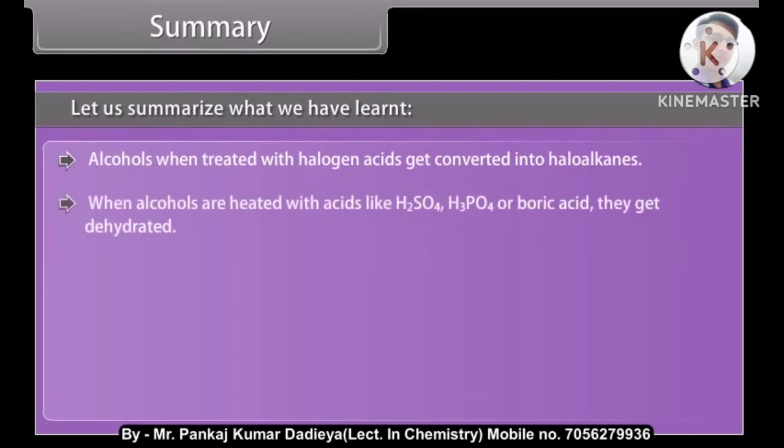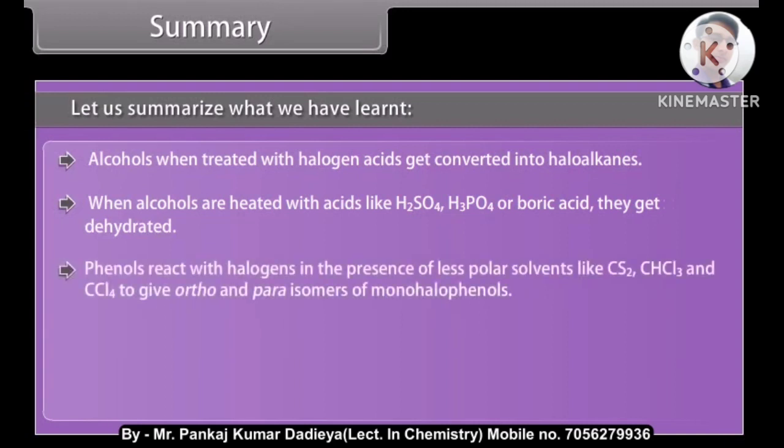When alcohols are heated with acids like sulfuric acid, phosphoric acid, or boric acid, they get dehydrated. Phenols react with halogens in the presence of less polar solvents like carbon disulfide, chloroform, and carbon tetrachloride to give ortho and para isomers of monohalophenols.